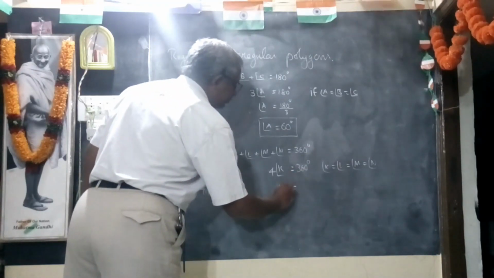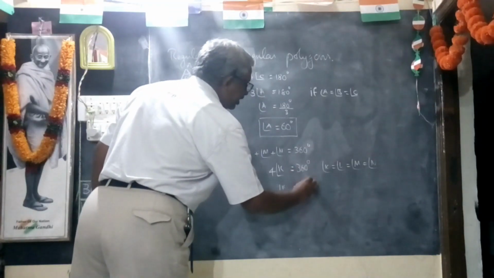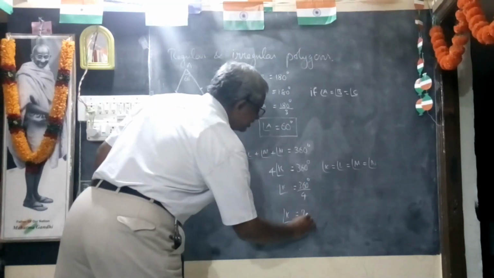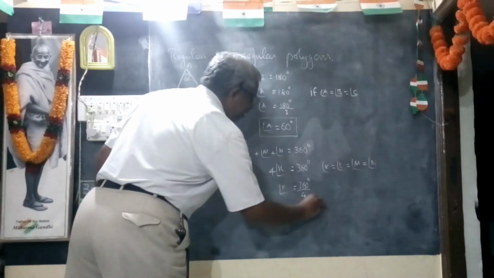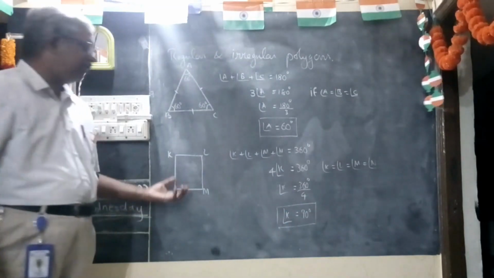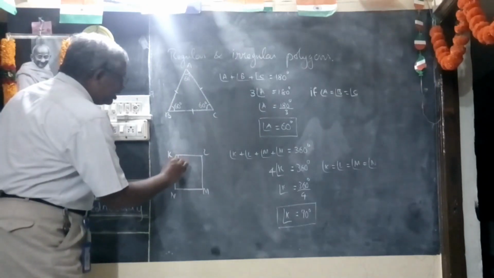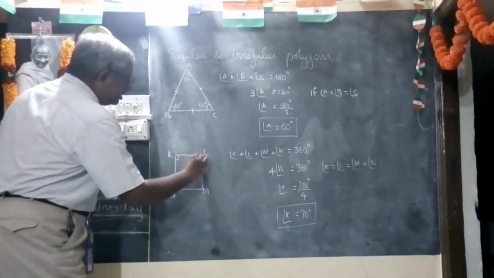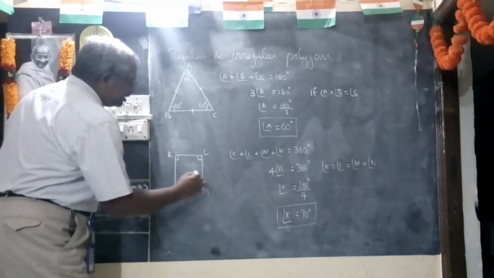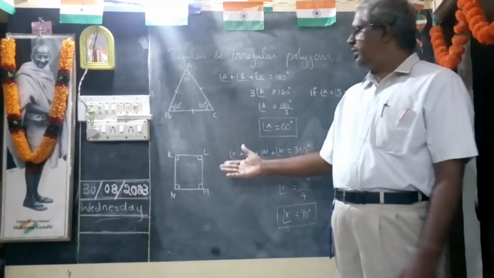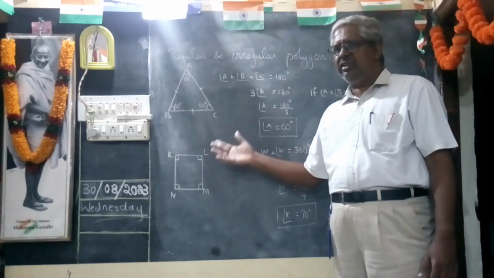And what is K? 360 degrees divided by 4. How much is this K? It is 90 degrees. I call this a regular polygon if I have all these angles equal to 90 degrees.